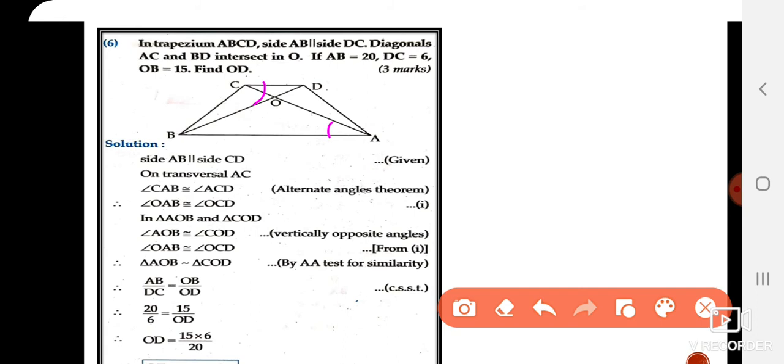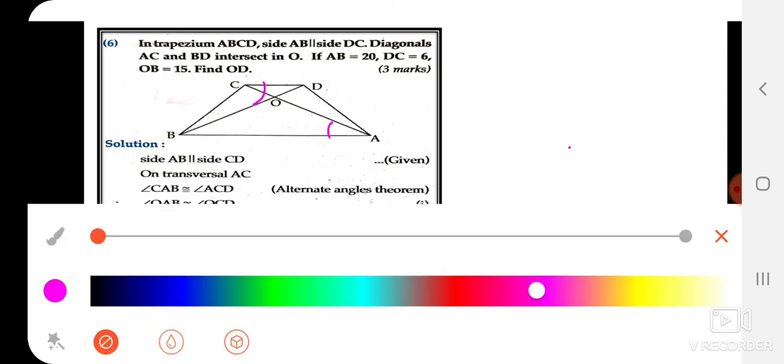But ACD can also be called OCD, and CAB can also be named OAB, and the reason is alternate angles.